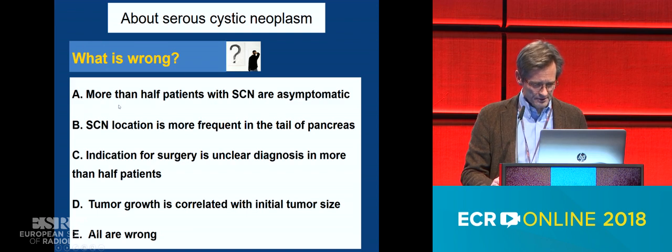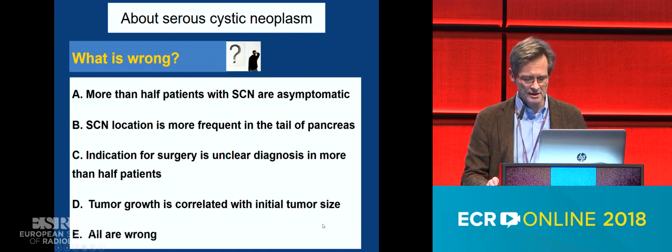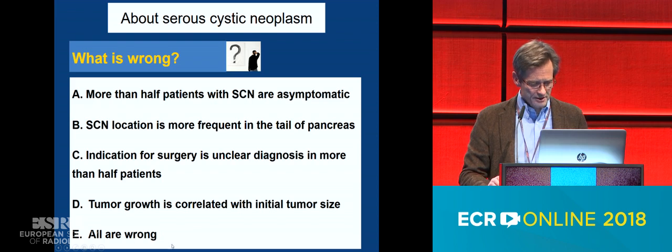I have another question concerning these serous cystic neoplasms. What is wrong? More than half of these patients are asymptomatic. Location is more frequent in the tail. Indication for surgery is unclear diagnosis in more than 50% of the patients. Tumor growth is correlated with initial tumor size, or all of these are wrong.